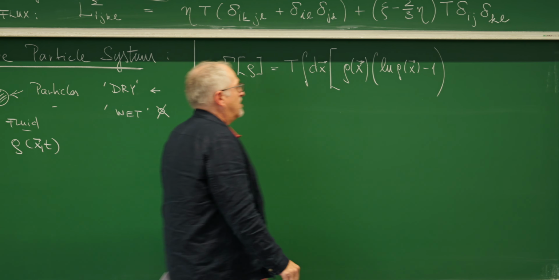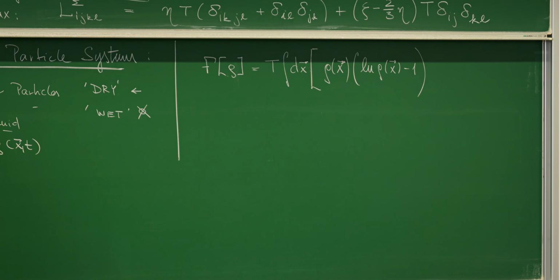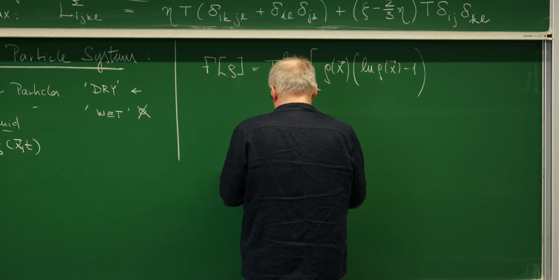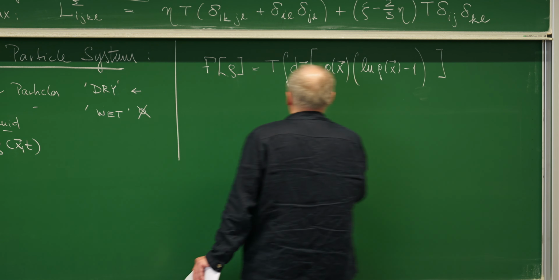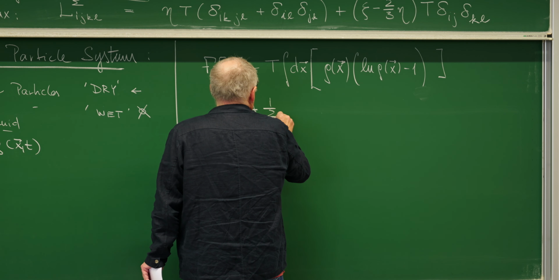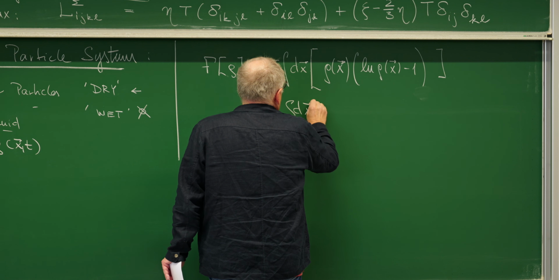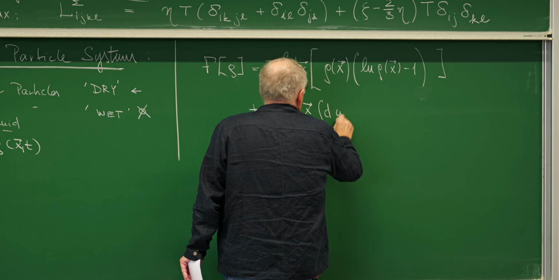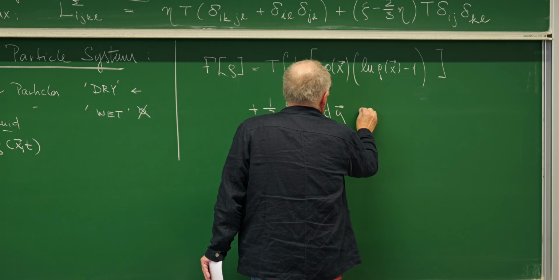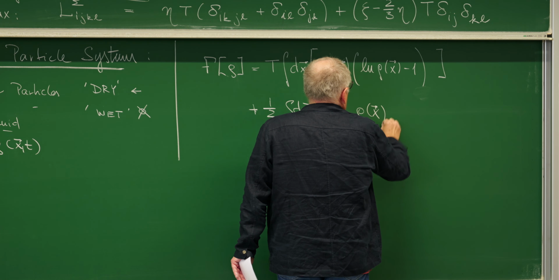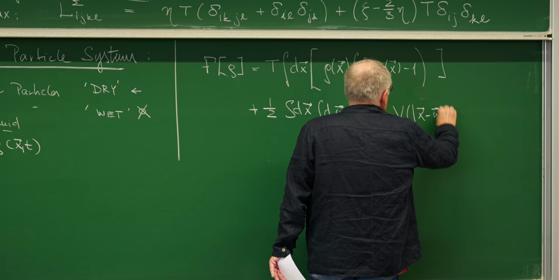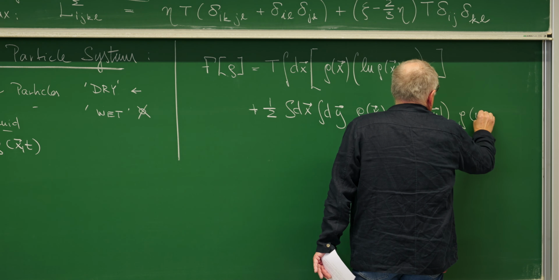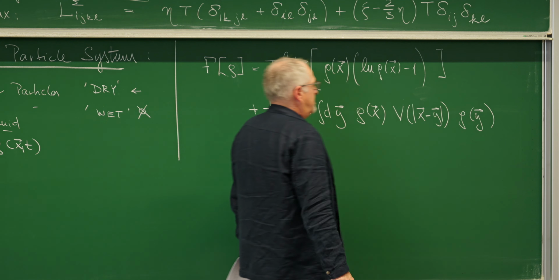So rho log rho minus 1, that's an ideal gas entropy term, nothing but that. And then you can also add another term that comes from pairwise interactions, where I now need to integrate over x and y, and the density at x interacts via a pairwise potential with the particle density at y.